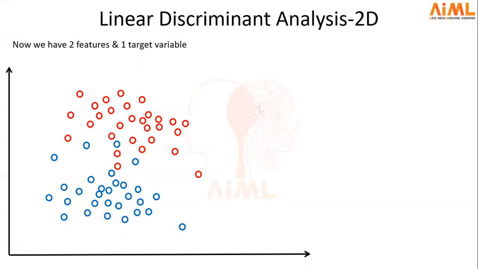In this case, our Gaussian likelihoods are going to be the PDF of a two-dimensional Gaussian distribution. You have already seen how a two-dimensional Gaussian distribution looks like. It's a kind of a mountain in 3D.